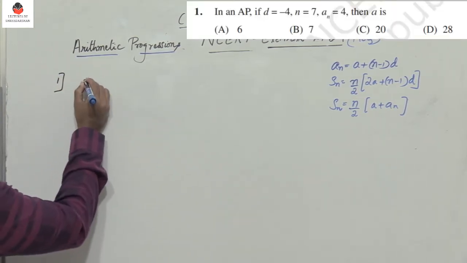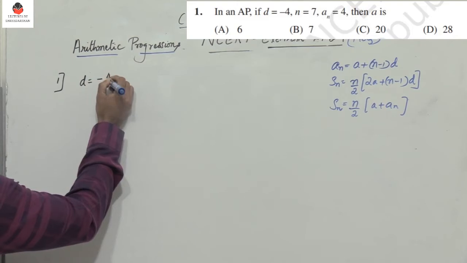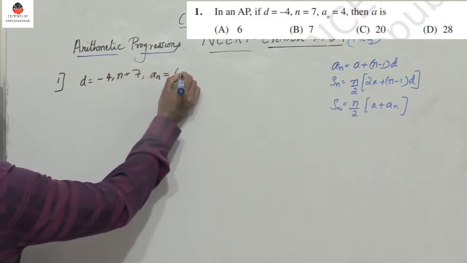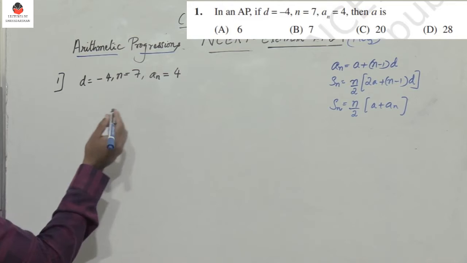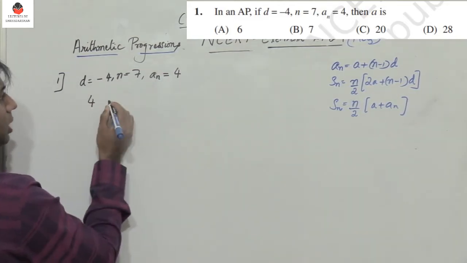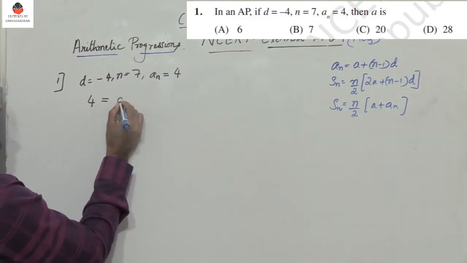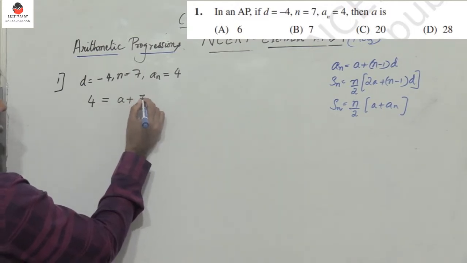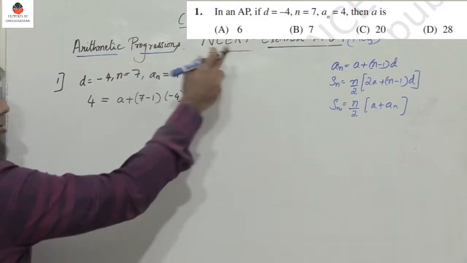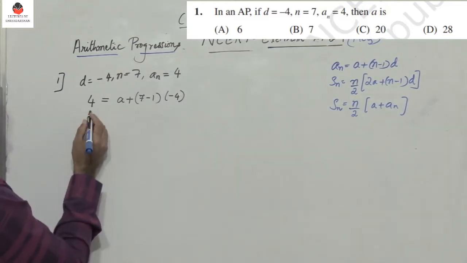In an AP, if d equals minus 4, n equals 7, an equals 4, then a is. So we know the formula, an is 4. So use this formula, an equals a plus n minus 1 into d, which is minus 4. So since the formula is written here, I am directly substituting.